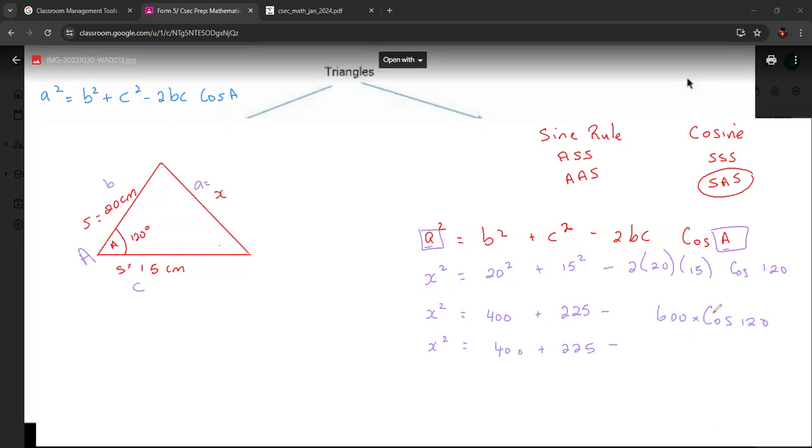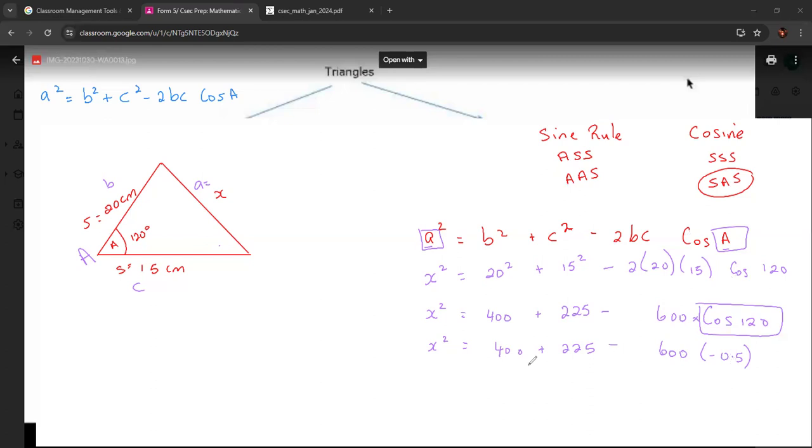So I find out what is cos of 120 first. On my calculator, we press in cos 120, and I got negative 0.5. So we'll end up with negative 600 times negative 0.5.